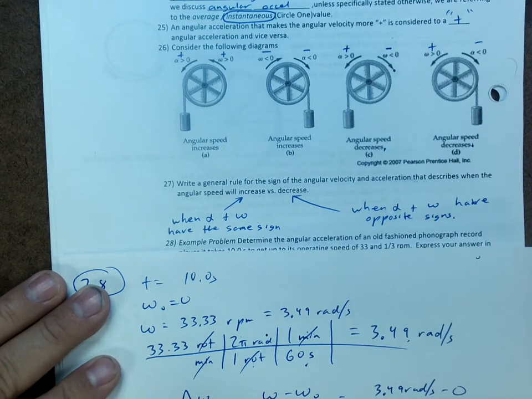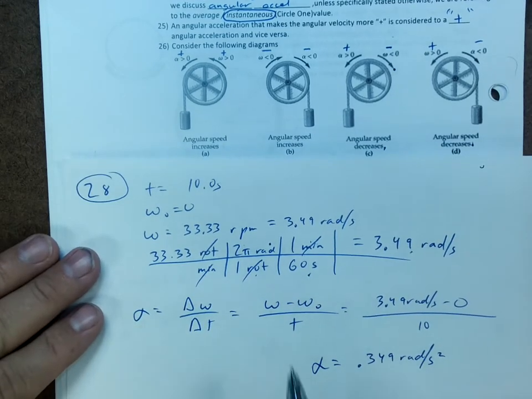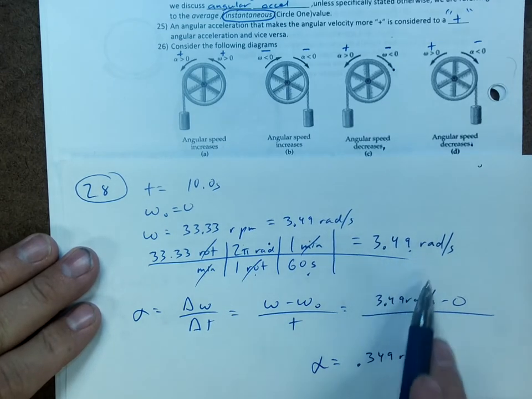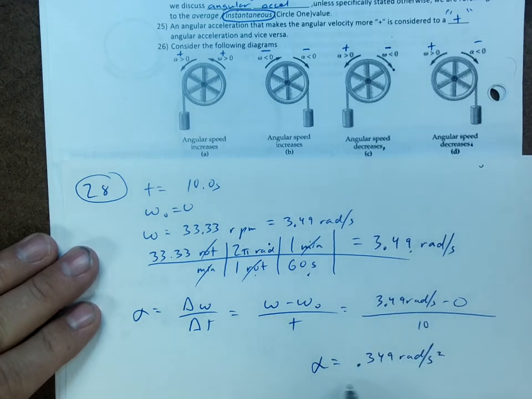So alpha will be your final angular speed, omega, in radians per second, which is 3.49 radians per second. Take away 0 from that, divide by 10, and alpha is 0.349 radians per second.